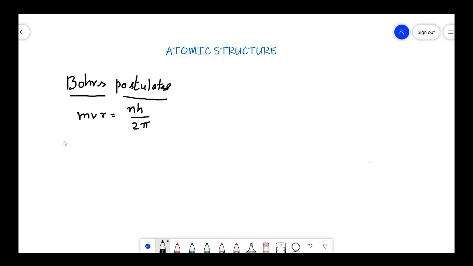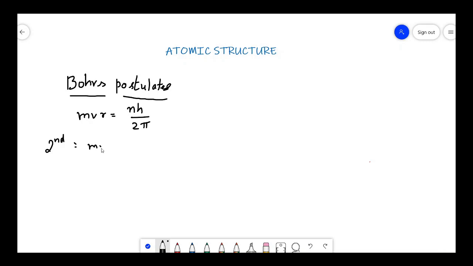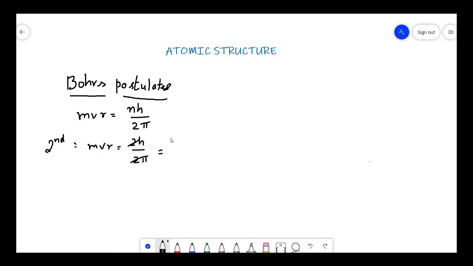In the objectives, the questions will ask what is the angular momentum in the first orbit or second orbit. Suppose the question is asked for the second orbit, then angular momentum mvr is equal to 2h by 2 pi, and you can cancel the 2 and 2. We get the final answer as h by pi.